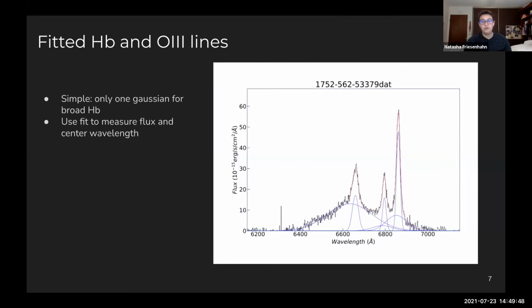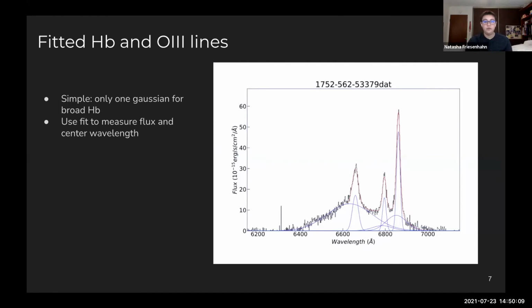This was a fairly straightforward example because both the narrow and broad H beta could be fitted with just 1 Gaussian. From this fit, we want to measure the center wavelength, the amplitude, and the sigma, or the width, of the broad H beta Gaussian. We then use these properties to calculate the equivalent width of broad H beta.